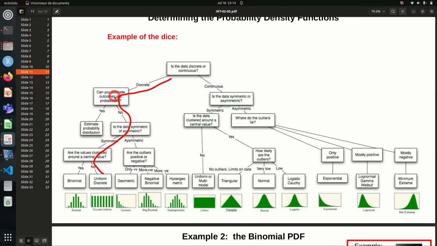But imagine that we say no, then okay, is the data that you can see, so we throw dice and we build data, is that symmetric or asymmetric? It's symmetric. Is that clustered around the central value? No, okay, it's uniform. So it's really crude, quite rough, but it's a really good step to start.